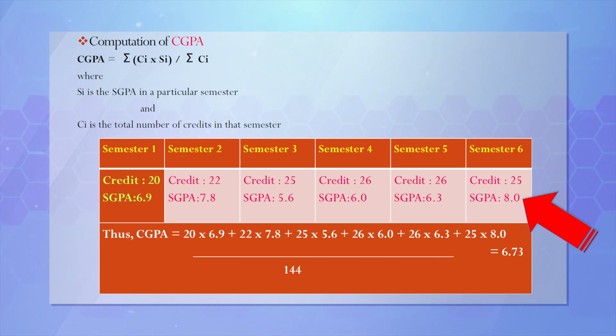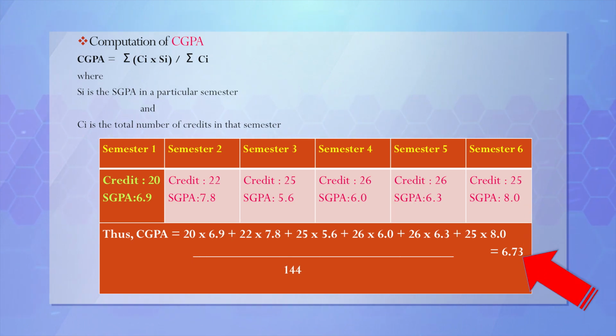Thus, the CGPA will be 20 into 6.9 plus 22 into 7.8 plus 25 into 5.6 plus 26 into 6.0 plus 26 into 6.3 plus 25 into 8.0 divided by 144, which is equal to 6.73.